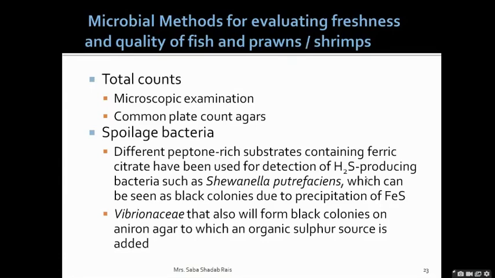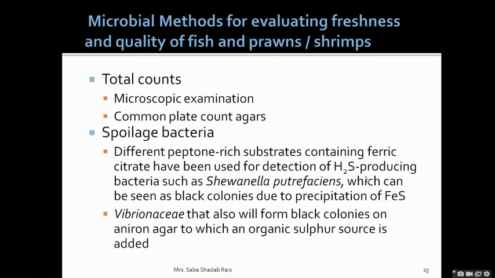Why is it happening that living fish have fewer microbes compared to dead fish? The reason is that living fish have some type of resistance against the microbes. For that reason, the number of microbes will be less.